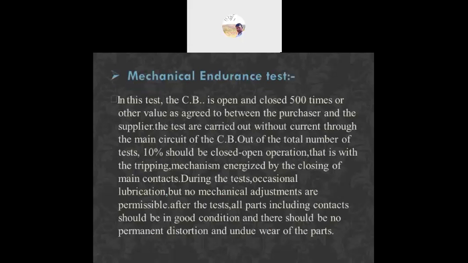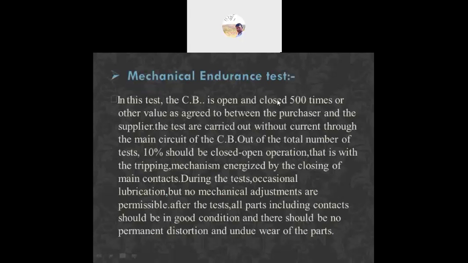First is the mechanical endurance test. What we do is the circuit breaker is opened and closed 500 times, and that is the mechanical test. We have to check whether the contacts are working or not.